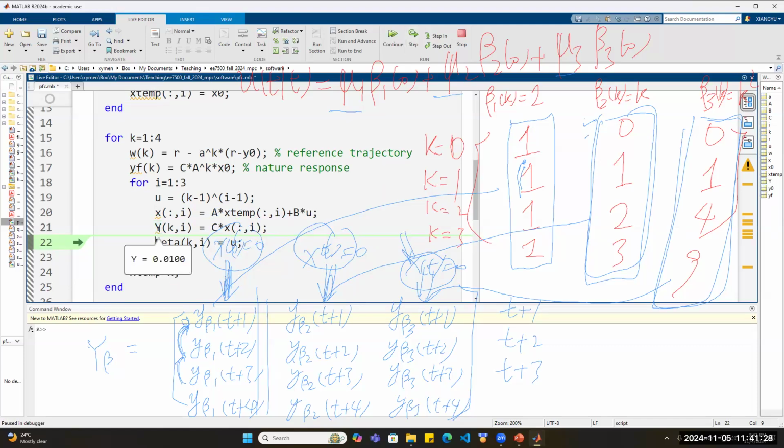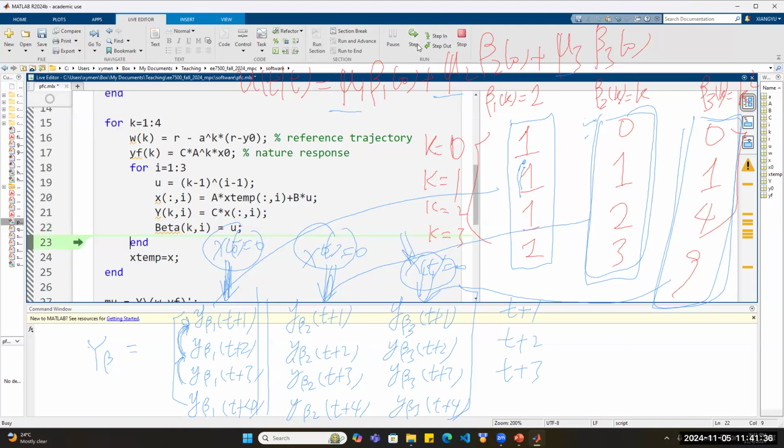So first the Y, that is Y beta T plus 1. Then we do this one again. Then the second one, here 0, we calculate Y beta T plus 1.